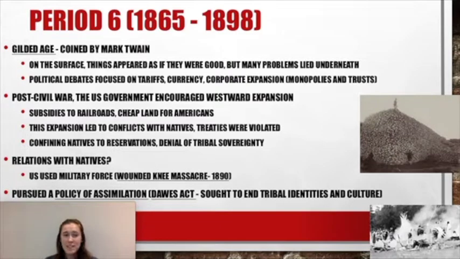We're really going to see the federal government just outright deny tribal sovereignty, to really deny this group of people their rights and deny their ownership of land whenever the federal government wants that land to be settled by Americans. Those treaties are going to be outright violated, and Native Americans are going to be relocated as the federal government sees fit.